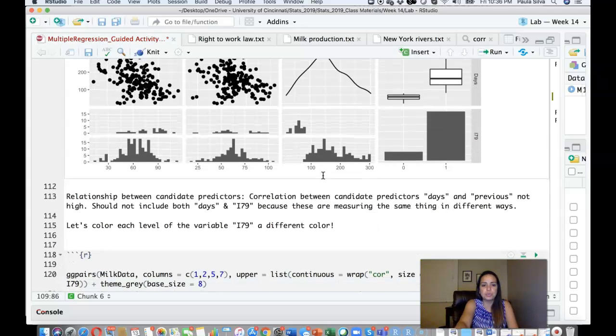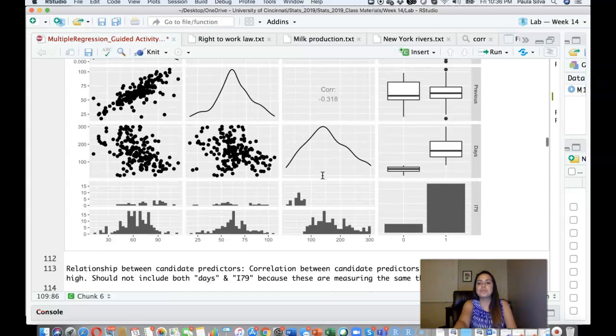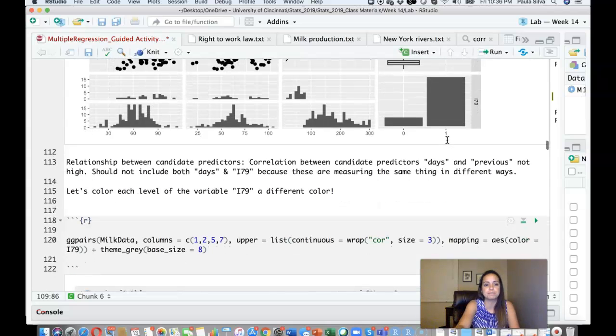The last thing I'll do that makes it interesting, I think, is to use this categorical variable I-79 to color the dots so that we can begin to understand the relationship between current and previous milk production depending on the amount of time that the cattle has had the present lactation.